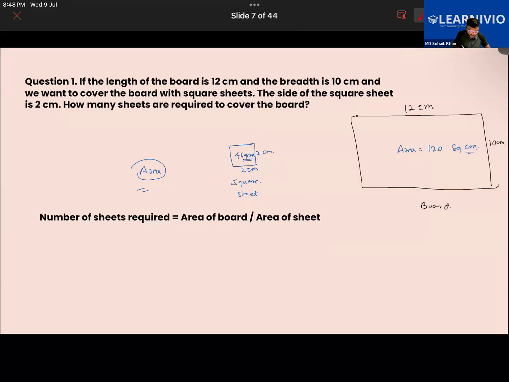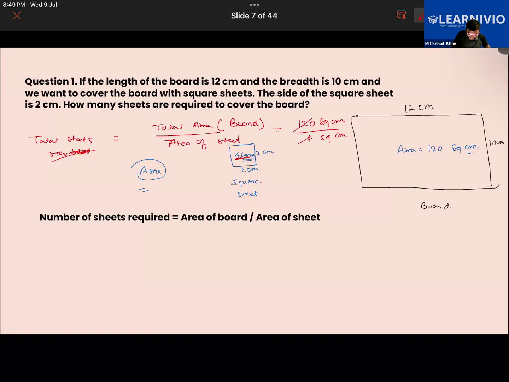Total sheets required to completely cover the board will be the total area of the board divided by the area of a sheet here. The area of the board we have calculated to be 120 square centimeter, and the area of the square sheet here is 4 square centimeter.